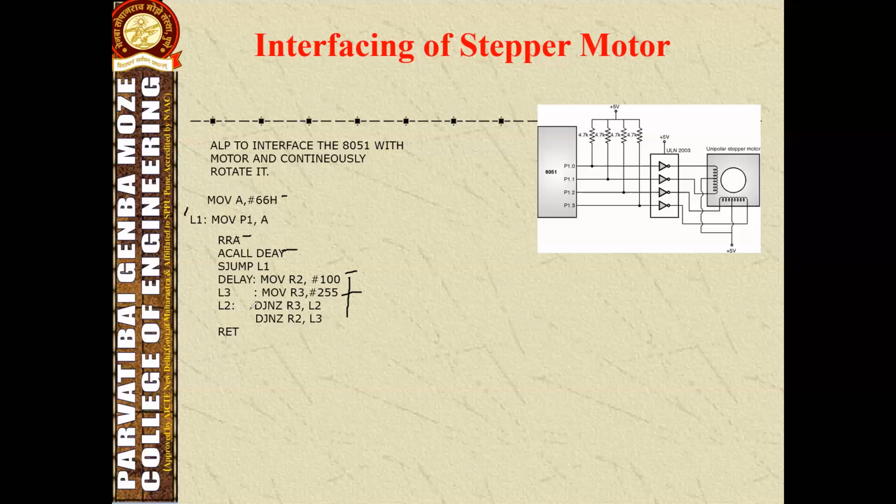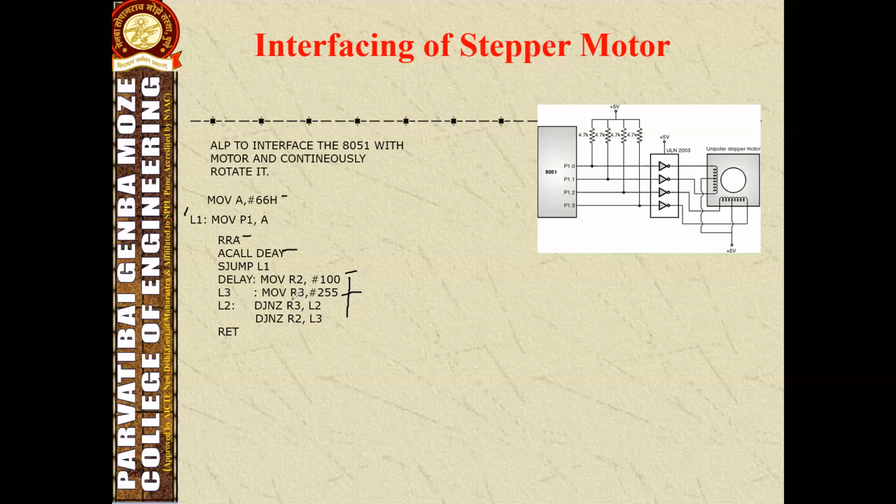Then what we are doing here is DJNZ, decrement and jump if not zero, on whatever value is present in R3, up to 0. It will decrement by one and then jump to L2. It decrements whatever value is present in R3, and after decrementing, it will jump to L2 until the value in register R3 becomes 0.